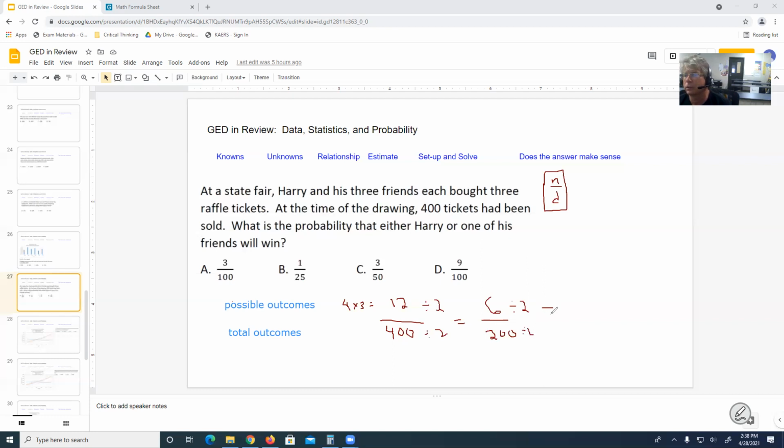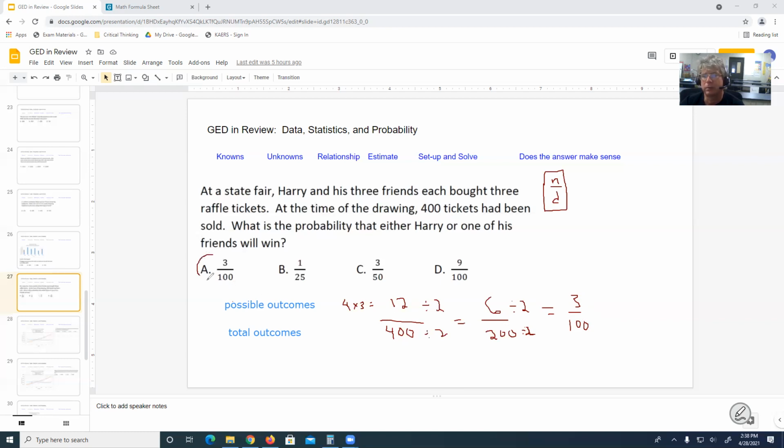Then 2 would go into 6 3 times, and 2 would go into 200 100 times. And that's as far as that's going to reduce down to. So they're going to have 3 chances to win out of 100 chances. That's the same thing as 12 out of 400 chances.